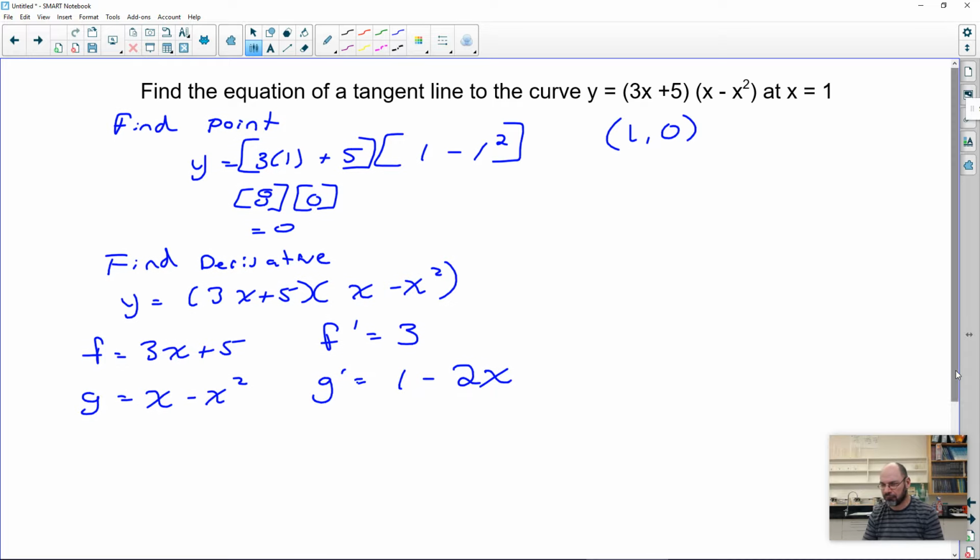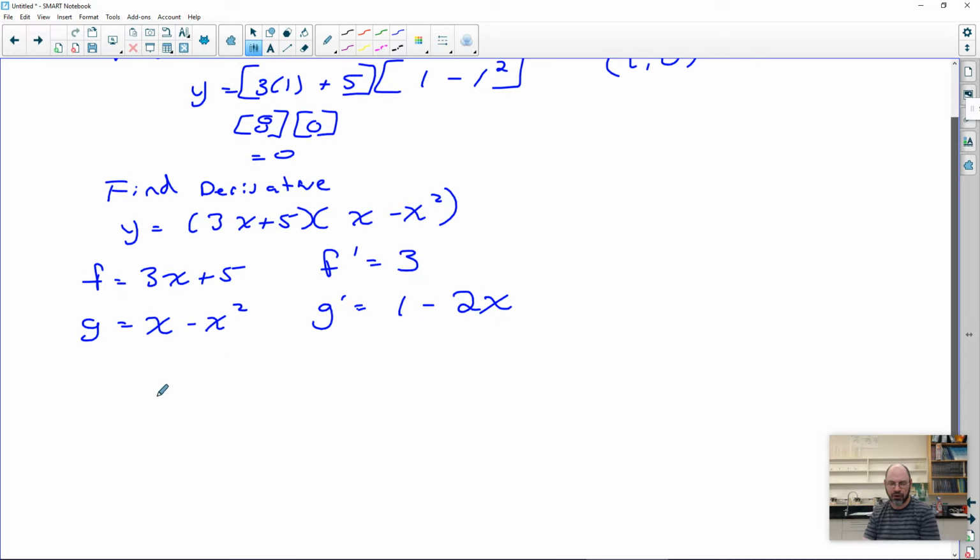Okay, and now write the derivative in product rule form, pardon me. So f g prime plus f prime g.